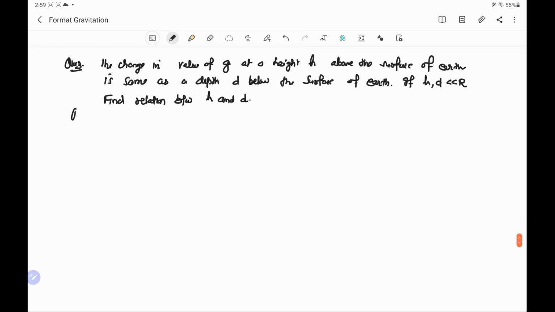Question number 3. The change in the value of g at the height h above the Earth's surface is the same as at the depth d below the Earth's surface. If h and d are very small compared to R, find the relation between h and d.